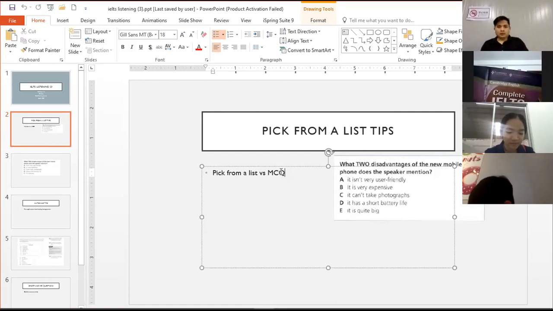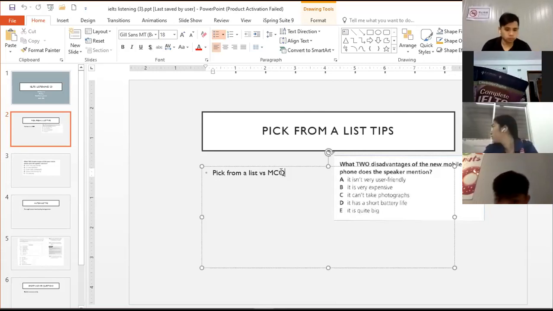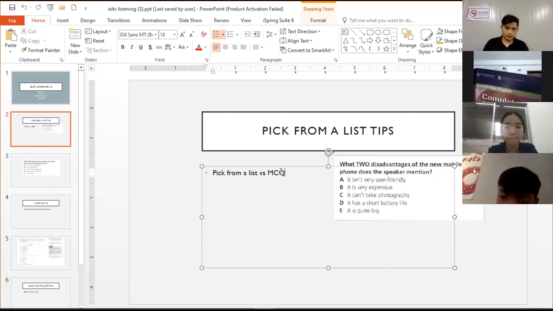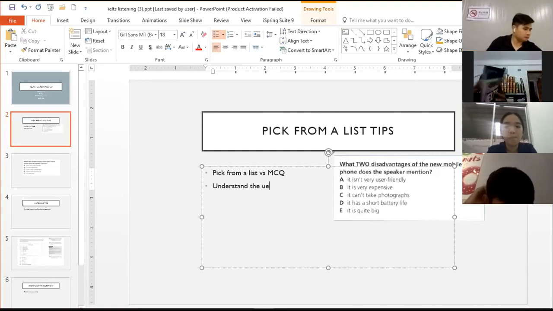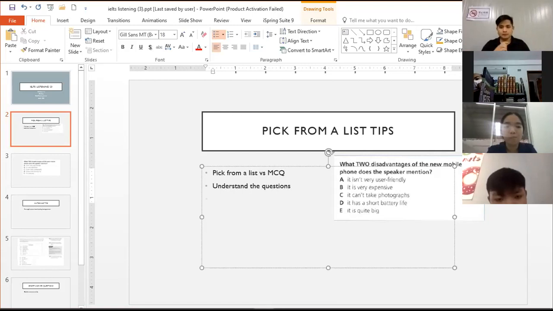The tips here are very similar to MCQ. Actually, picking from the list is also an MCQ question type, but they just call it picking from the list because you have more than 3 choices and you have to pick more than one answer. So the tip again, in every single listening question in IELTS, you have to understand the question all the time because you need to know how many choices you have to search for, and you need to know the keywords.